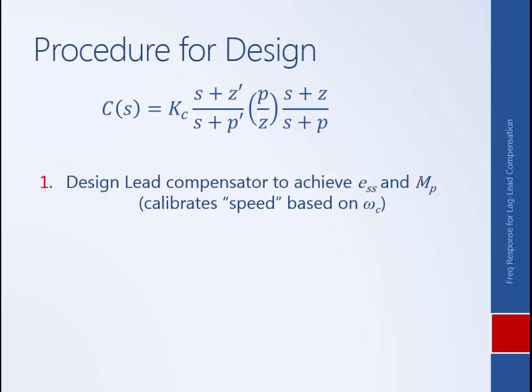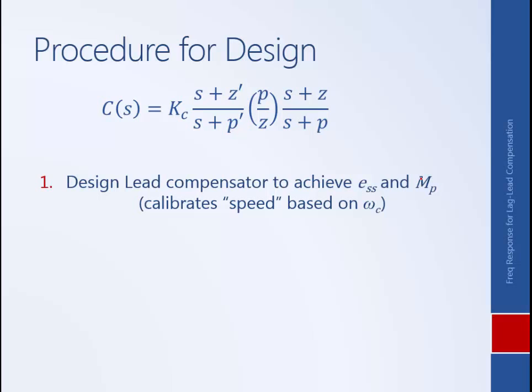The other reason is that it's going to give us a benchmark from which to calibrate our design. In general, steady state error we can meet pretty easily because we use the final value theorem, and the final value theorem really holds no matter what kind of system we have, what order it has, whether it has zeros, whatever.